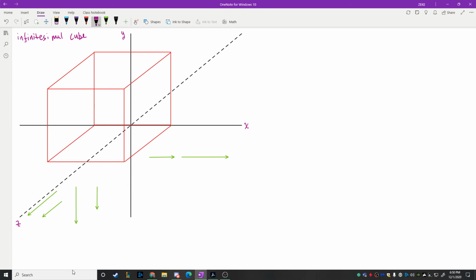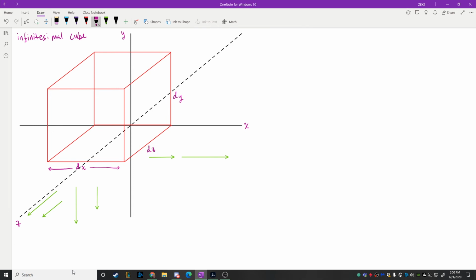This side over here would have a length of dx, and this side, because it's in the z direction, would be dz. And the height of my box right here is going to be dy.